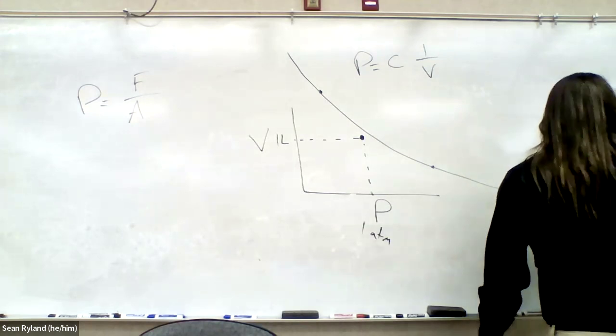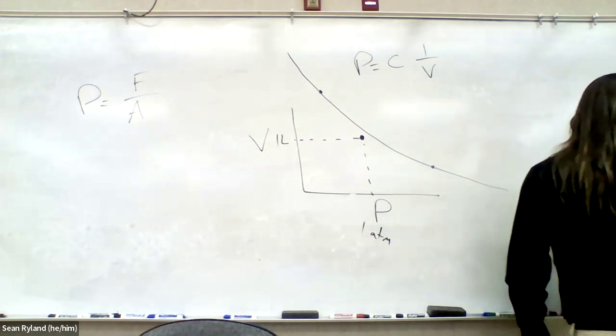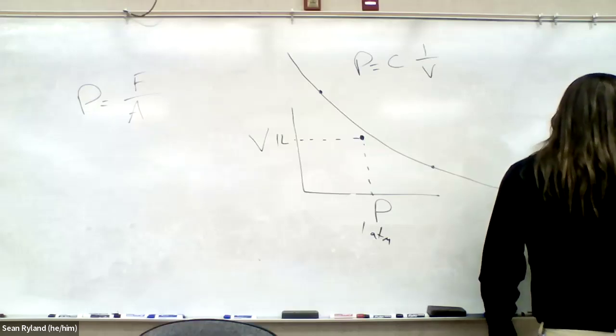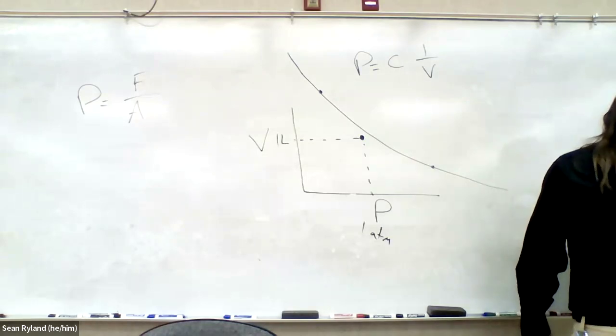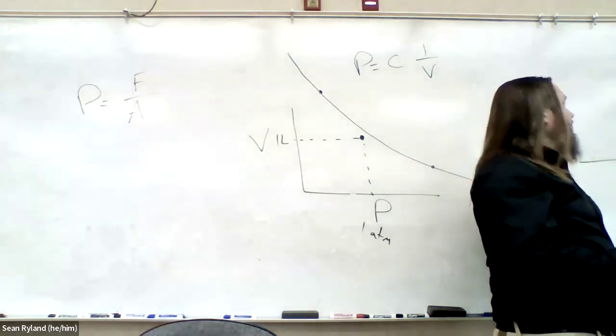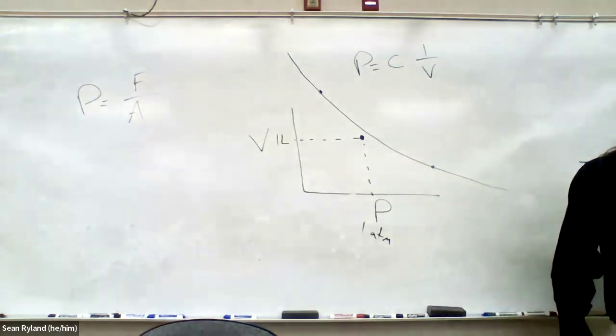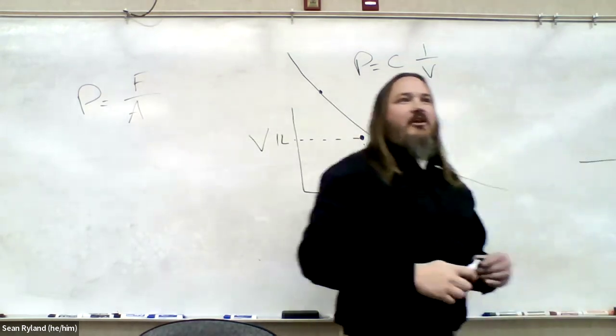You wind up with this vacuum up at the top, and then mercury in the tube here. The height here is based on the barometric pressure. So you're going to get a number in millimeters of mercury, which is actually the barometric pressure unit.